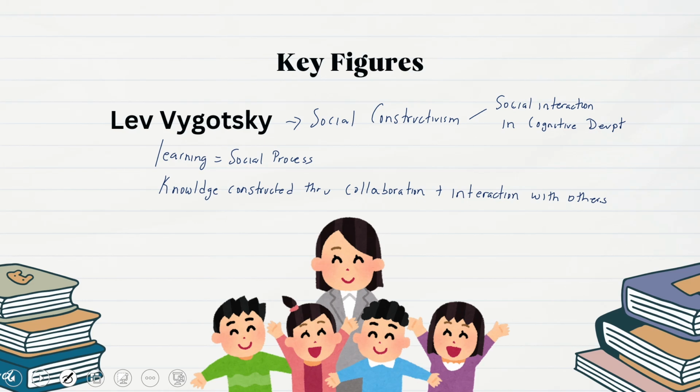Now here he speaks about the zone of proximal development, which refers to the difference between what a learner can do independently and what they can do with guidance.